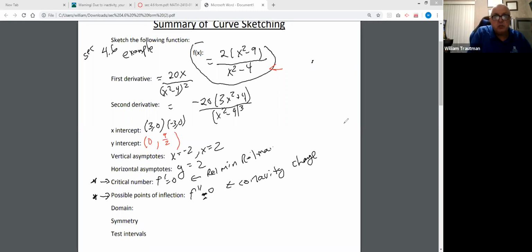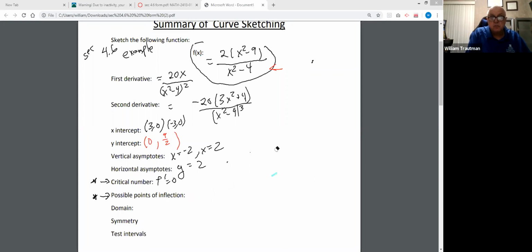All right, so I'm going to erase that now and then actually find out the answers. So to find the critical numbers, let's take the first derivative, which is right here, and set it equal to 0. 20x over x squared minus 4 squared, set equal to 0.